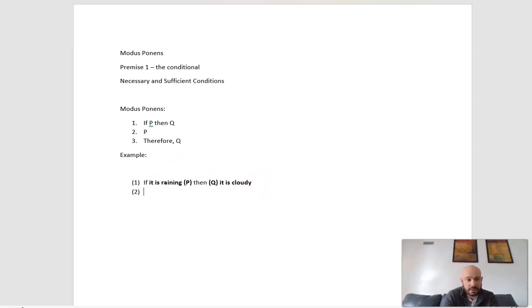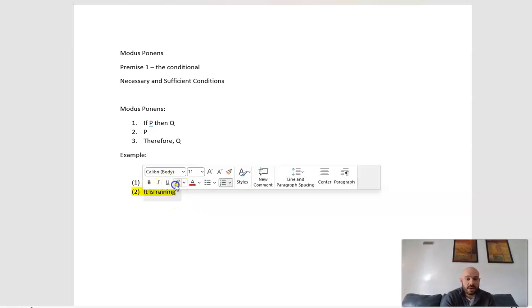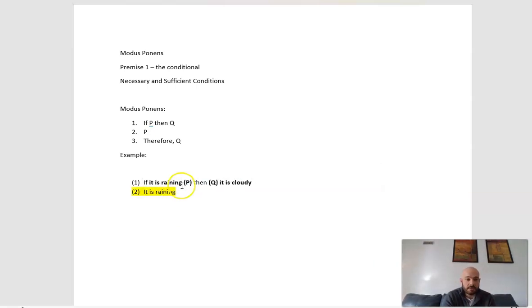So we can put down here, and that's the P, right? So it's in the correct spot. So note that it is in the correct spot.